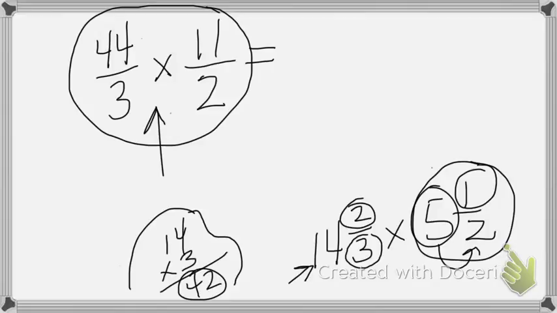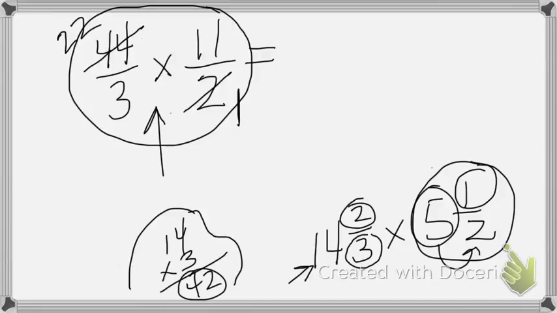Before we do that, to make things a little bit neater, let's go ahead and cross divide where we can. These have a common factor here, 2 and 44, and it is 2, so this would become 1. This would become 22.